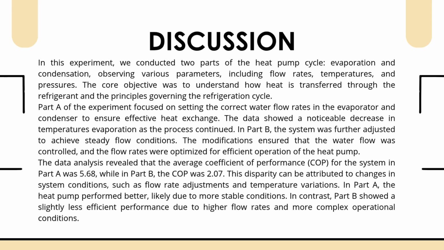This disparity can be attributed to changes in system conditions, such as flow rate adjustment and temperature variation. In part A, the heat pump performed better, likely due to more stable conditions. In contrast, part B showed a slightly less efficient performance due to higher flow rates and more complex operational conditions.